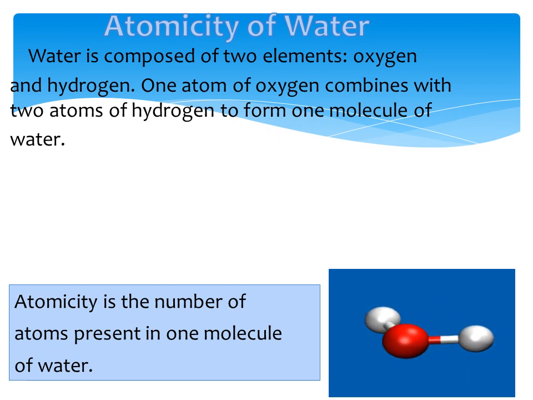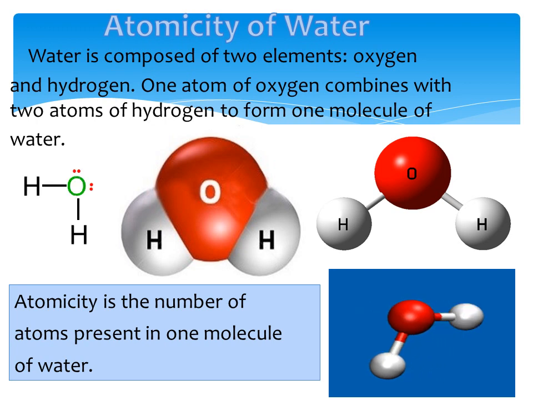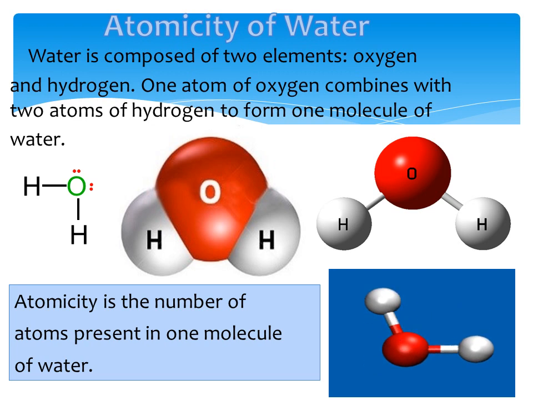These are hydrogen on both sides, and water has a bent structure with an angle of 104.5 degrees due to the presence of two lone pairs. This is the Lewis structure of water, where the two lone pairs are represented by two dots on the oxygen atom, and two single covalent bonds with each of the hydrogen atoms.